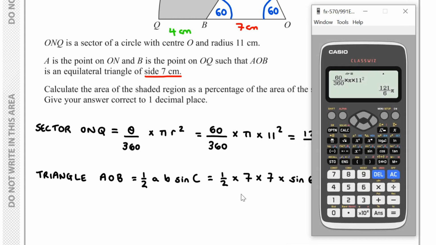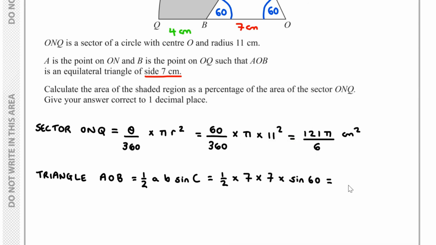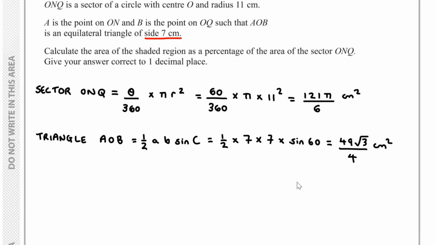So if we work this out, 49 over 2 multiplied by sine 60 gives us 49 root 3 over 4. So we have 49 root 3 over 4 centimeters squared.